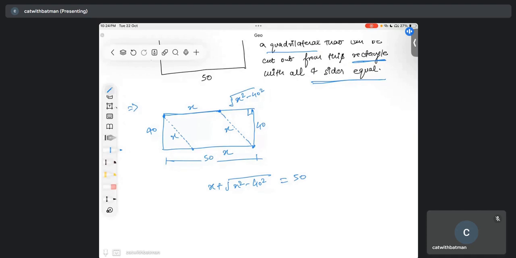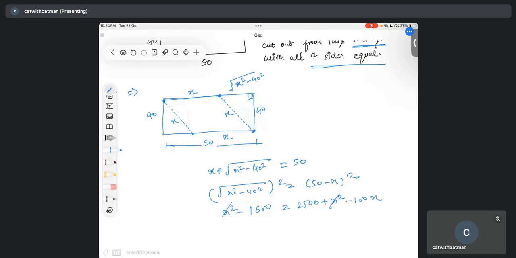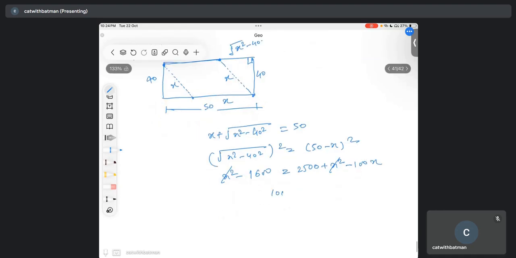I will take x on that side and I will square. X square minus 40 square equals 50 minus x square. So this would make it x square minus 1600, and this will be 2500 plus x square minus 100x. This would be 100x equals 4100. So x will be equal to 41.